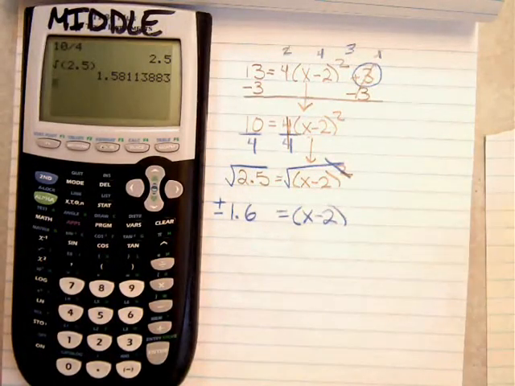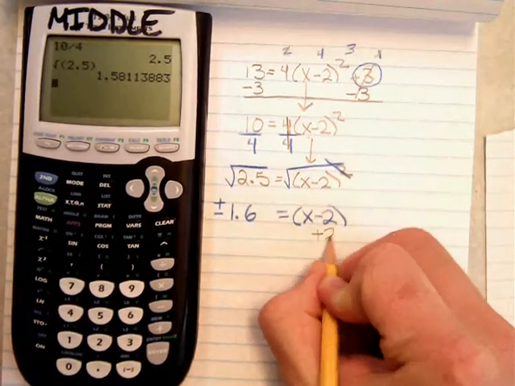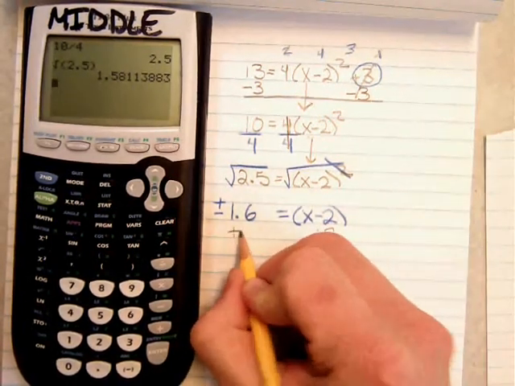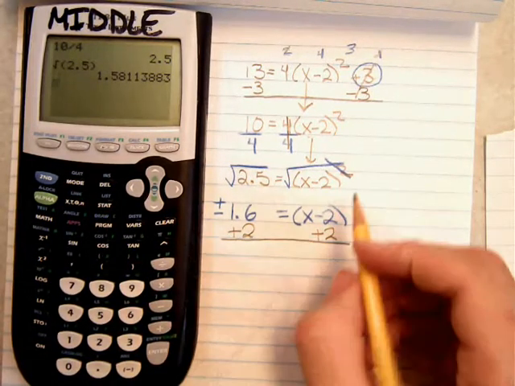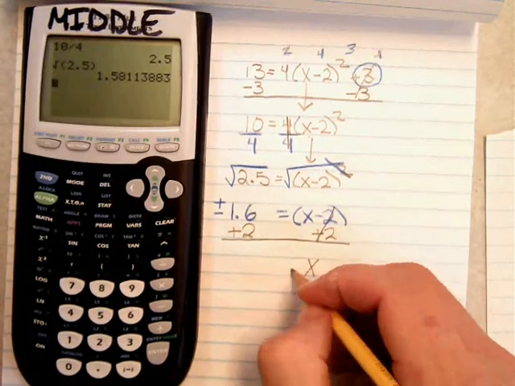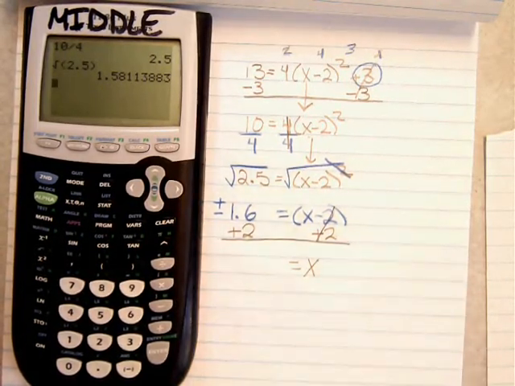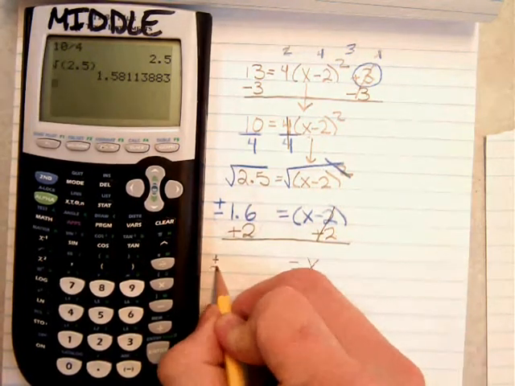We're going to get rid of that minus 2 with a plus 2 on both sides, and draw the line directly underneath. The negative 2 and the positive 2 are going to cancel. X is going to come out. And we're going to write this whole line like we did before: plus or minus 1.6 plus 2.